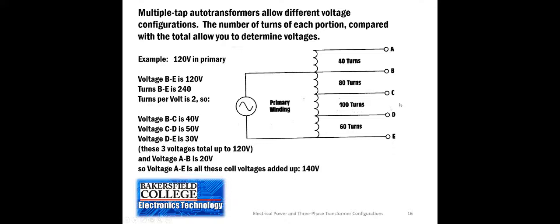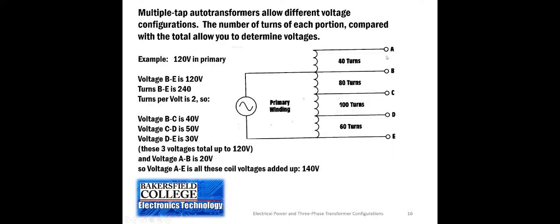Okay, so I could run this 120 volts. If I used E as my 0 point, I can get 30. I can get 30 plus 50, which is 80. I could get the full voltage, which is 120, if I went between B and E, or I could even get above that.